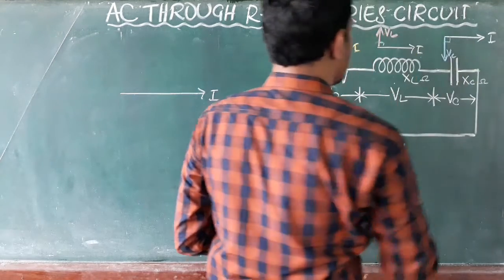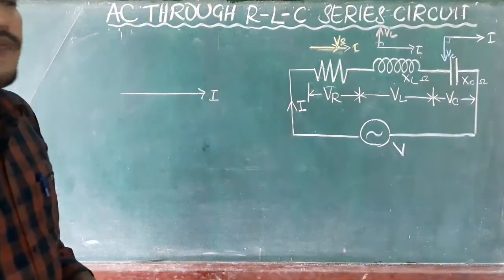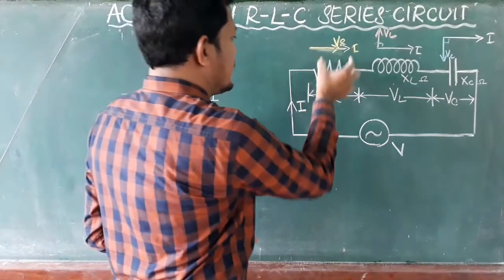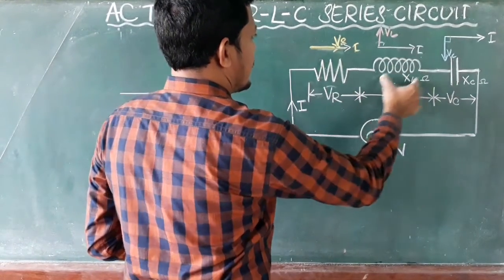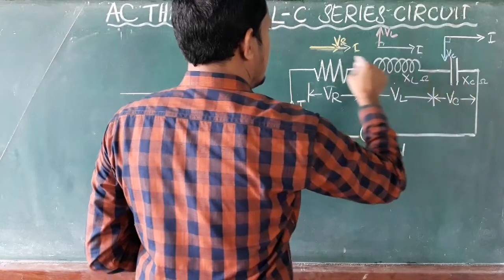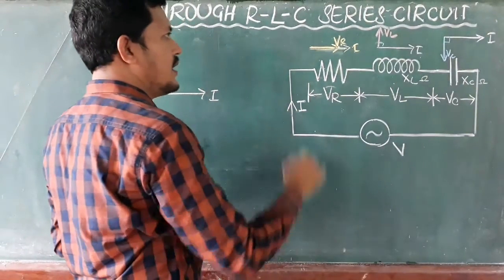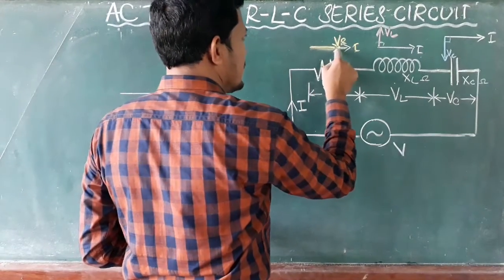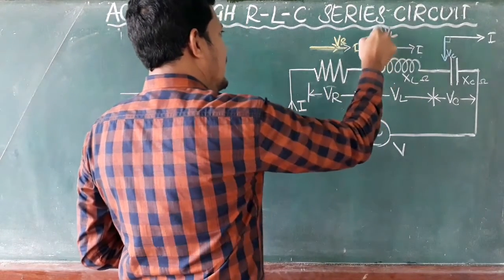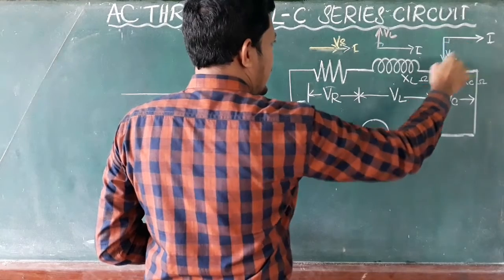Clear? These are three vector diagrams, depending upon the characteristics: resistance, inductance, and capacitor. The same current I is flowing through the three elements. Depending upon I, we draw VR in phase, VL 90 degrees leading, and VC 90 degrees lagging.